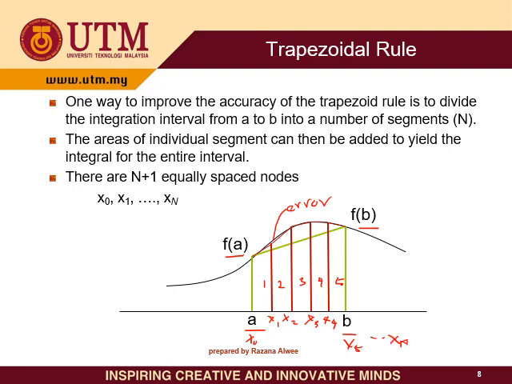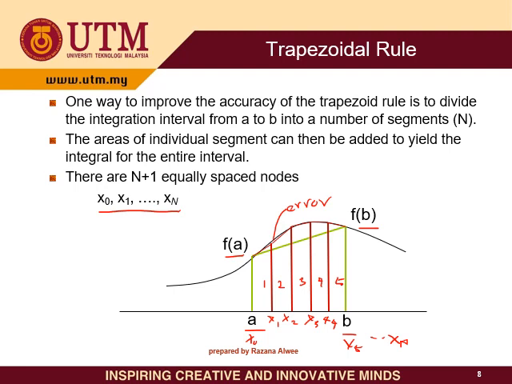Okay, so we have x0 until xn depending on how many trapezoids you have. So you can see if you want to make the trapezoidal approximation more accurate, you need to add more trapezoids under the area under the curve. The more trapezoids, the more accurate your calculation.